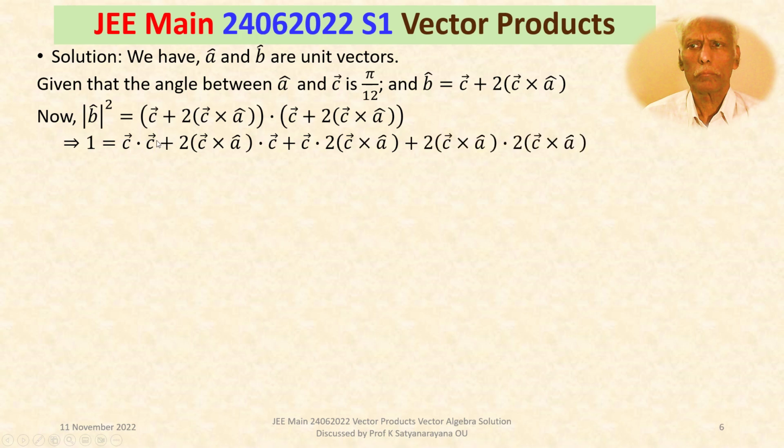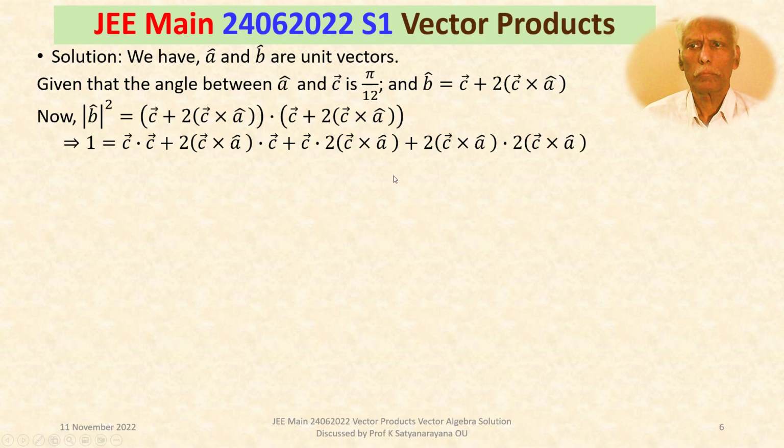So C dot C is mod C square, and this will be 0, this will be 0, and this is also 0 because the dot product is commutative, and vector C dot C cross A is the scalar triple product of C, C, A, and it will be 0 because 2 vectors are equal.